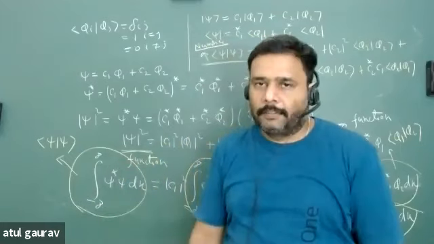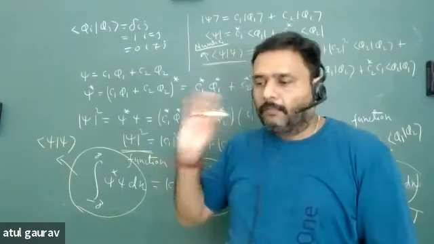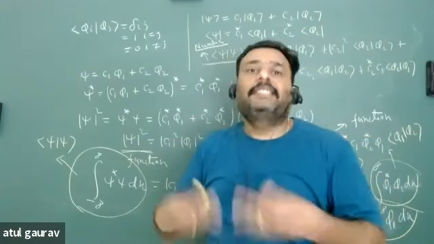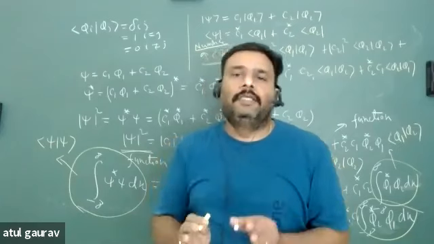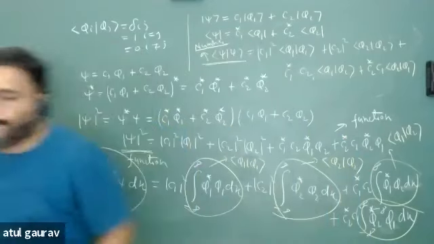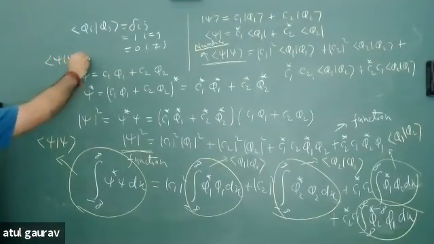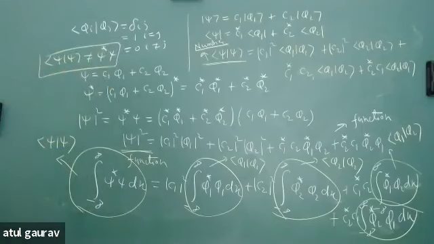Mod psi square is something like probability density. When we go to the postulates, keep in mind that the bracket is a scalar product, but mod psi square is not a scalar product. Mod psi square is actually psi star psi, and that is a function. So please keep in mind that <psi|psi> is not equal to psi star psi. If you have any doubt, you can just ask me.